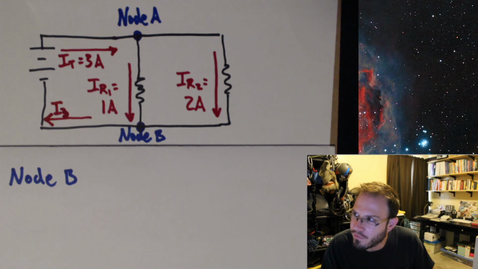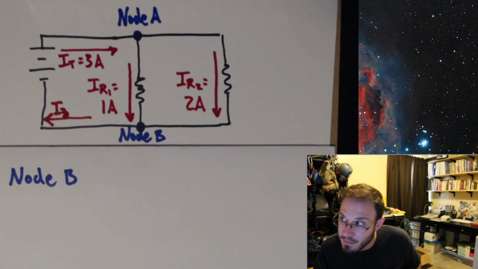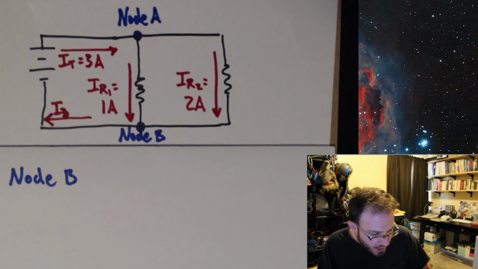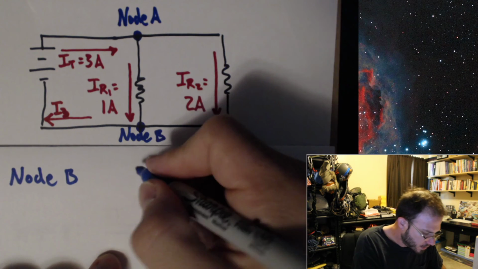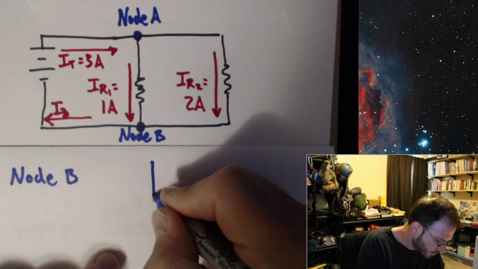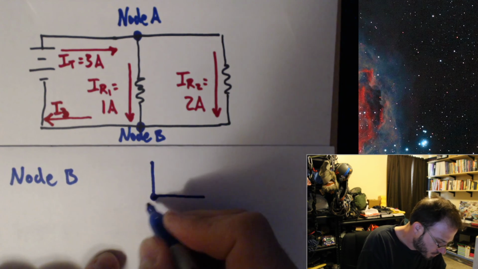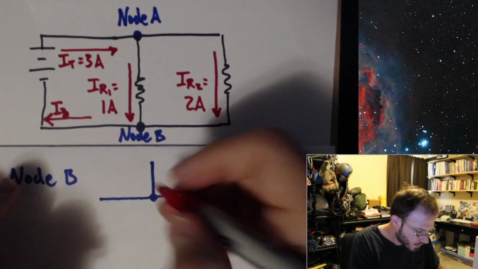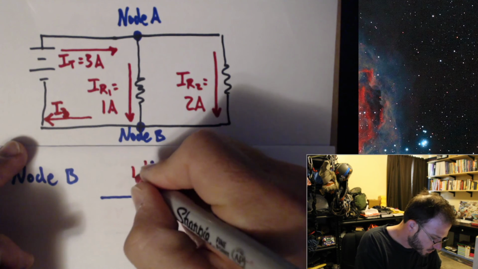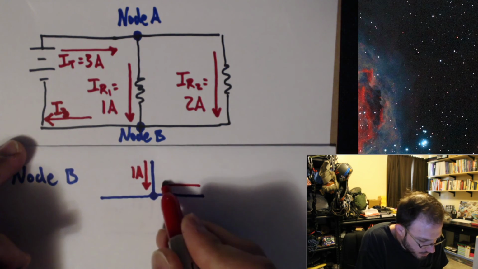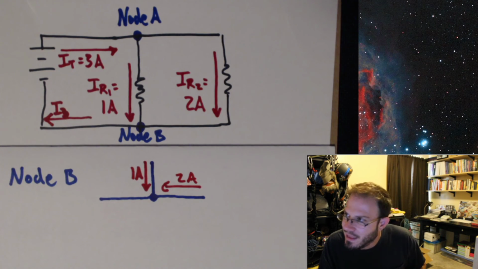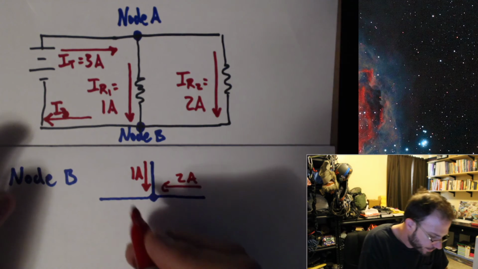I'll call it I3 for now, but you'll see that I'll end up calling it IT because it is IT. Now in node B, if we go ahead and zoom in on that one, I have 1 amp entering and 2 amps are entering. And then I had a third current. I just picked an arbitrary number and called it I3.